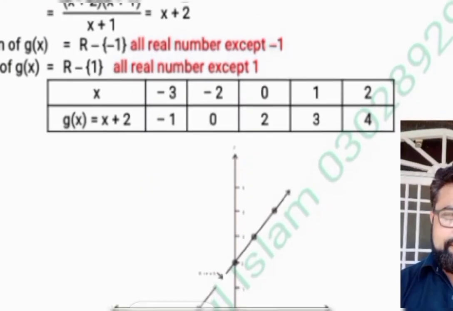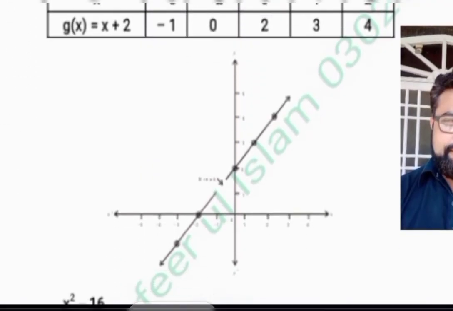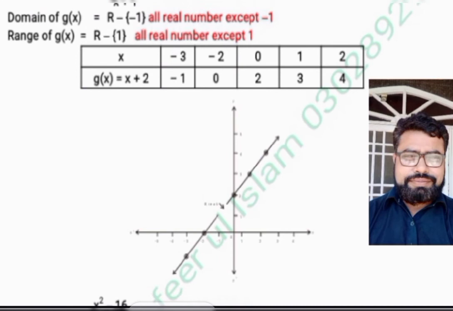Now we will plot the graph. The value of x is -3, here is -3, and the value of y is -1, here is -1. So we plot this value here. At -2, the value of y is 0, so it's on the x-axis.